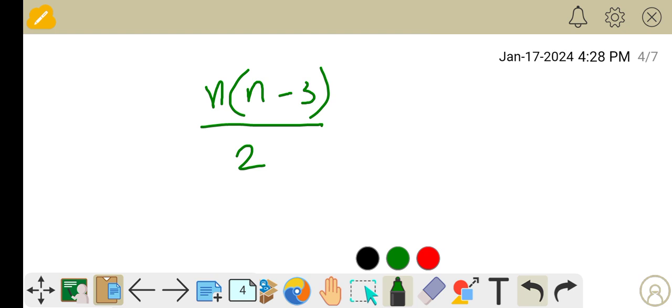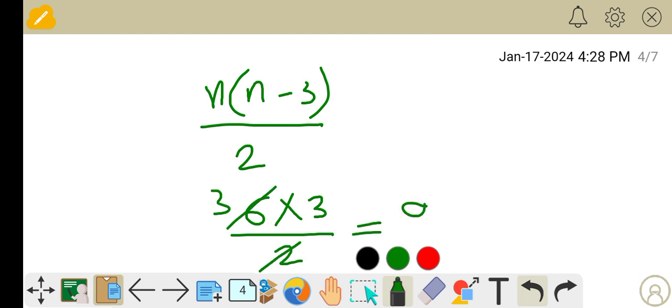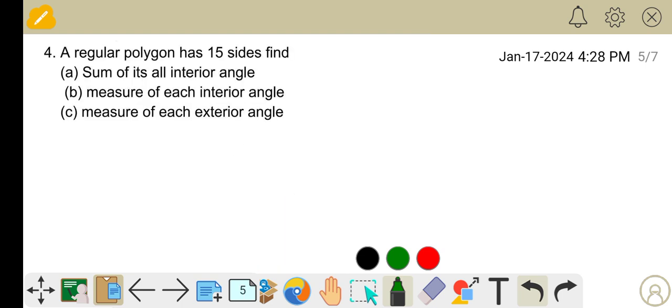Put the value of n, that is 6. So 6 into (6 minus 3), that is 3, upon 2. So it will be 9 diagonals. By any method, your answer is correct.